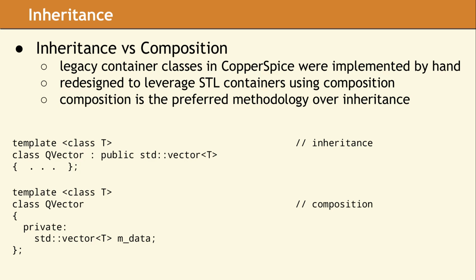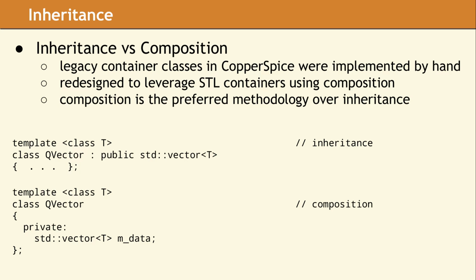When we redesigned the legacy container classes in CopperSpice, we faced this exact question. We struggled a bit in making our choice and looked at the trade-offs carefully. At the time, this felt like a difficult choice to make. However, now it is clear that we made the better choice by using composition.